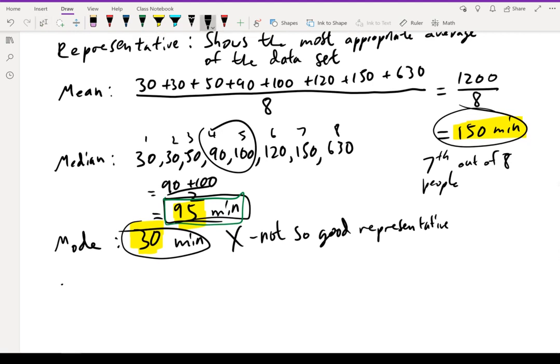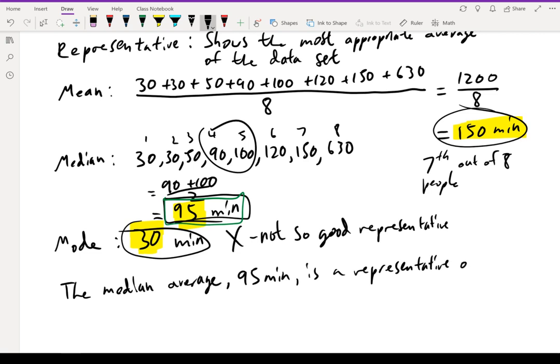I would say the median average, 95 minutes, is a representative average of the data set.